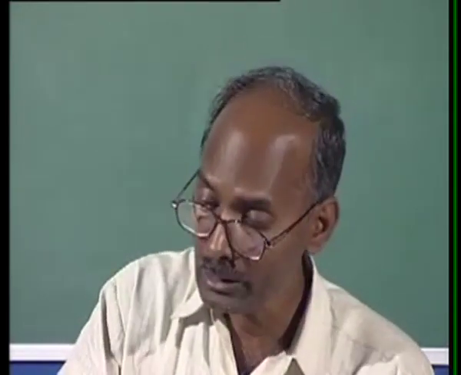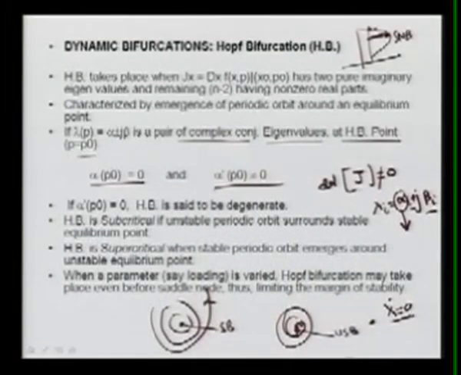But the Hopf bifurcation point may occur earlier than the saddle node point, and then you cannot load beyond it because your system becomes unstable. Then we have to measure the distance from here to this point, due to the dynamic nature of the system.